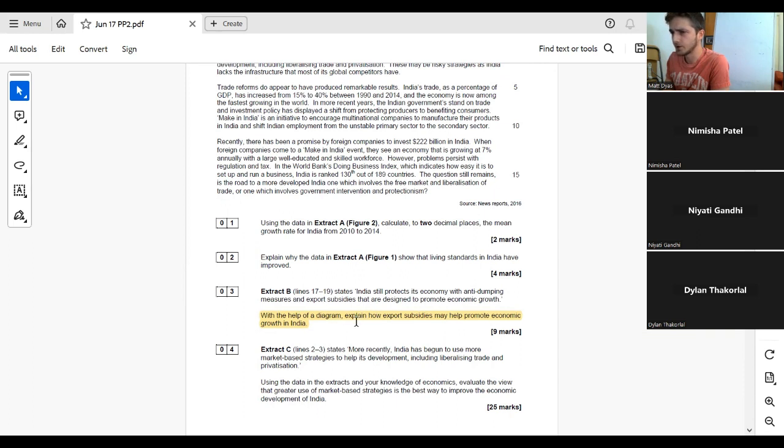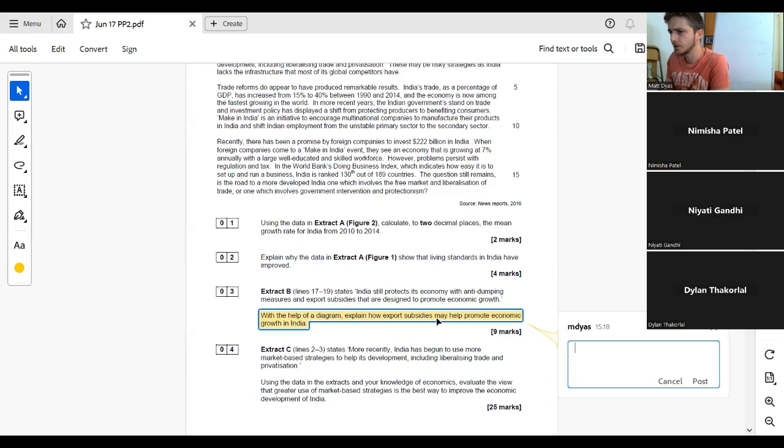They were like, "Oh, I really wasn't sure for this question. Do I do a subsidies diagram, as it clearly talks about subsidies? Do I do an ADAS diagram because it talks about economic growth, and obviously I can use aggregate demand and supply to show changes in GDP and therefore economic growth?"